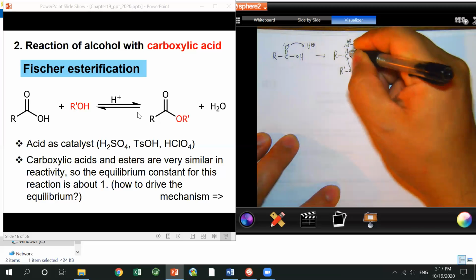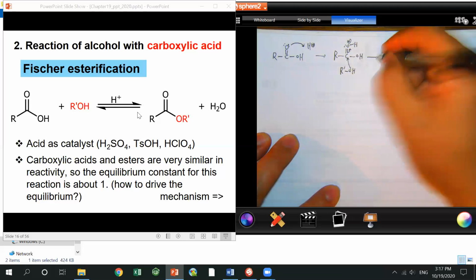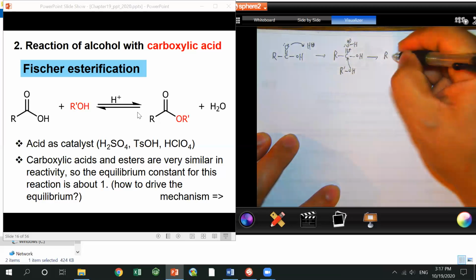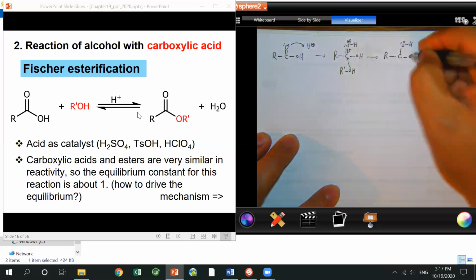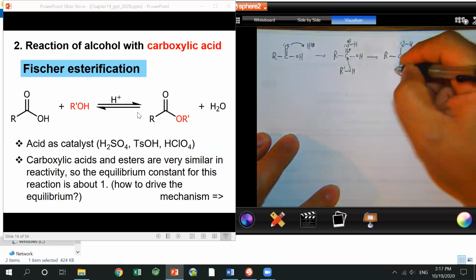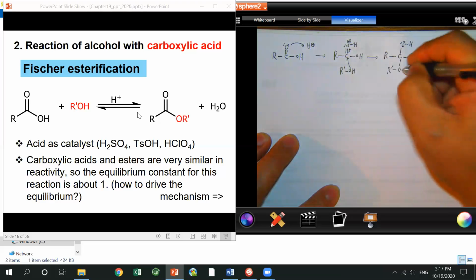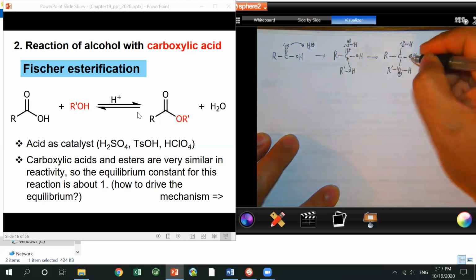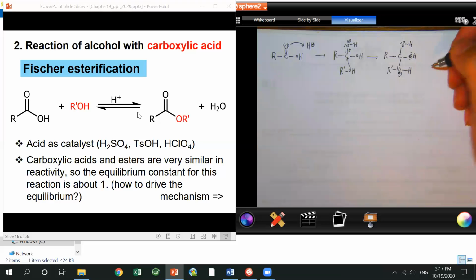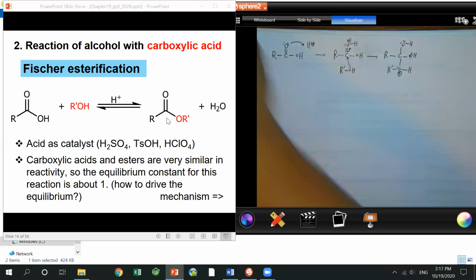Open the C=O double bond, and you generate something like this. All right, okay, so there's an intramolecular proton transfer, okay.